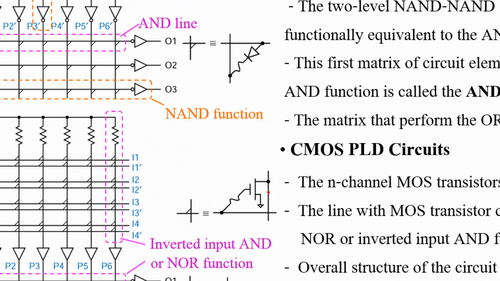In this case, we use NMOS. That means the N channel will be created when we apply high voltage at the gate terminal, right? So when we apply high, this transistor turns on. That means this point and this point connect together, so this point becomes 0 volt.